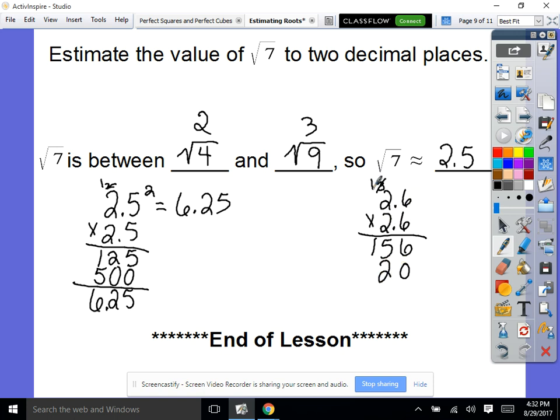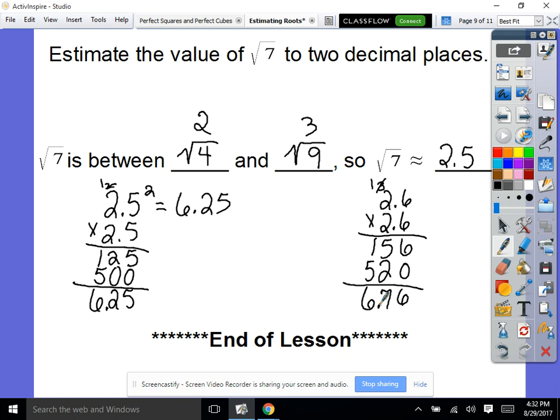Carry your 1. 2 times 2 is 4 plus 1 is 5. Oh, so we know it has to be at least 2.6, because that would give us 6.76.